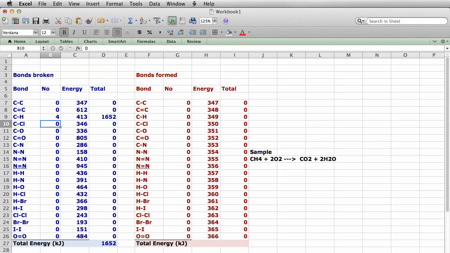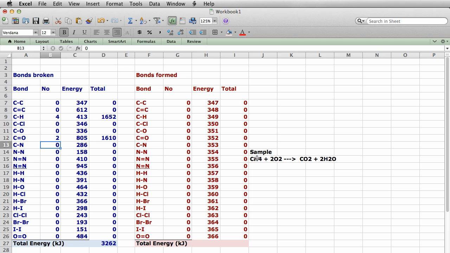So what we have to do in this case is subtract out of this, in other words, a negative here of 2 oxygen carbon bonds. So by putting here the number 2 and hitting enter, we can see now that cost is 1,610 for a total cost of 3,262 kilojoules for the input. So that's what's going to take to break the bonds.